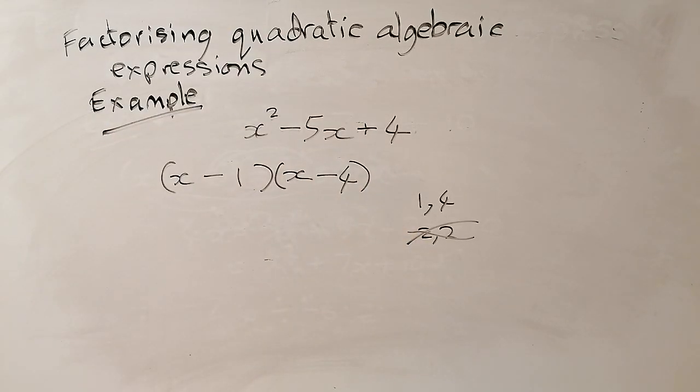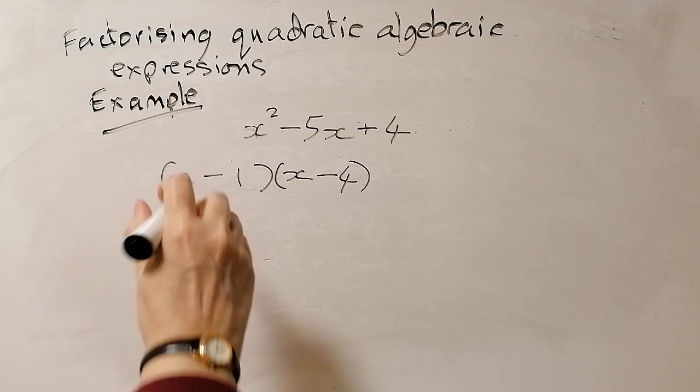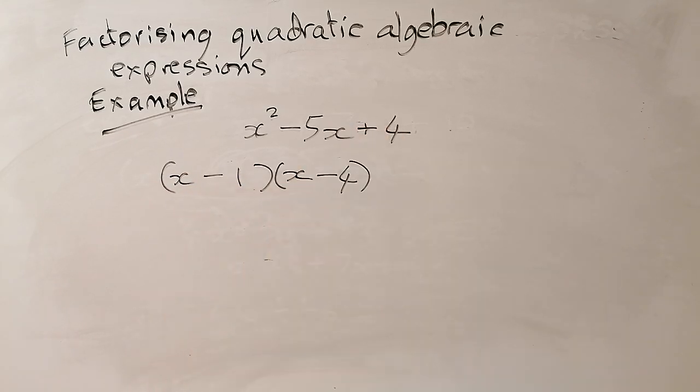Now here's where those multiplication rules come in, because we can double check this. We can say, okay, well, does -1 times -4 give us +4? Yes, it does, because remember that multiplication rule, minus times a minus equals a plus. So this is where everything's linked in.